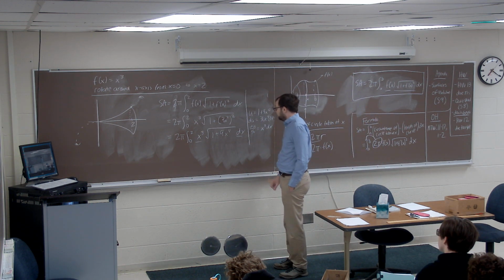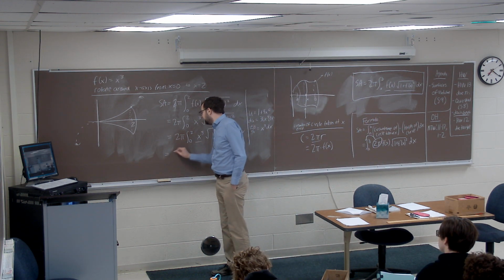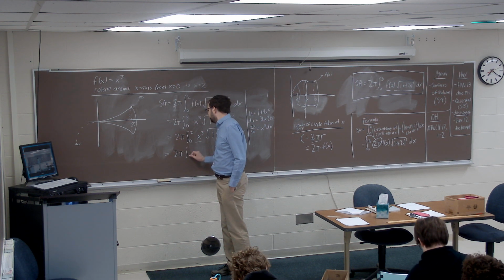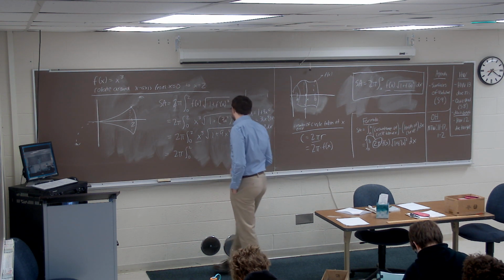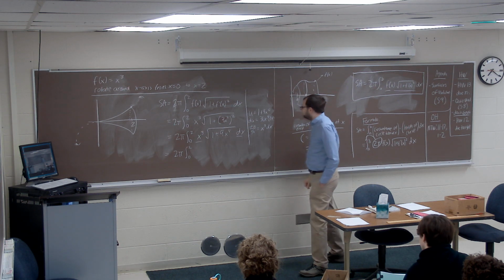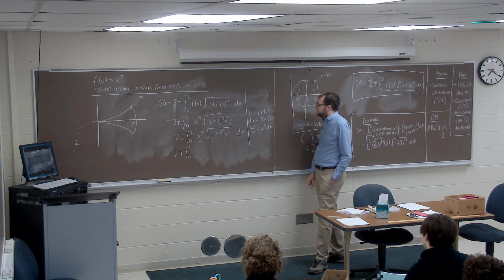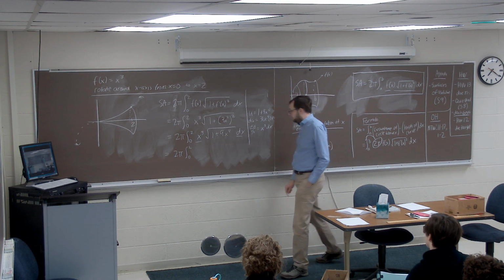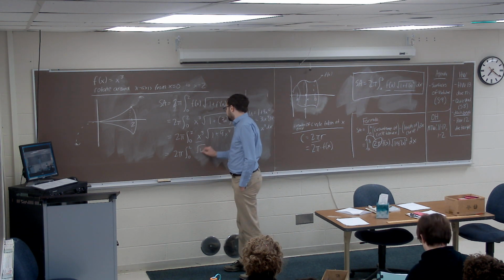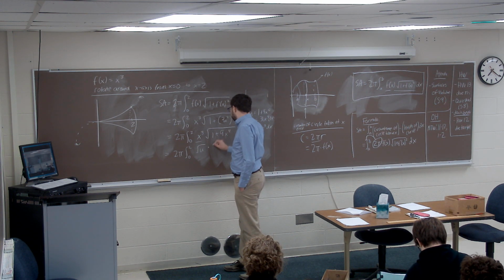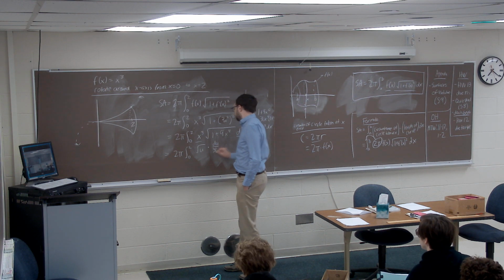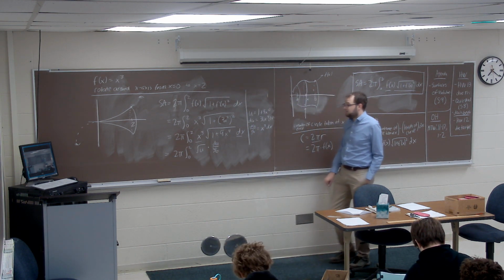So once we try and integrate, we'll get 2 pi times the integral from 0 to 2 of what? Square root of u times du over 36?